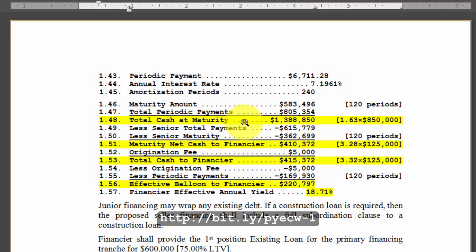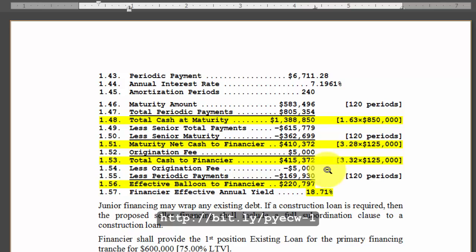So we have total cash at maturity, subtracting the senior payments, that's the payments to the primary loan and the seller's installment loan, minus the maturity values of the primary loan. The secondary installment loan fully amortizes, and this is the net cash to the financier at maturity. The total cash received by the financier is $415,372.